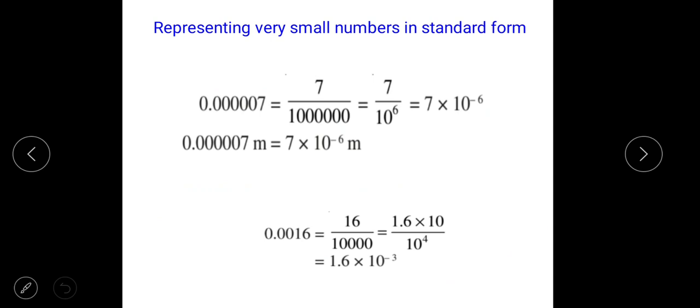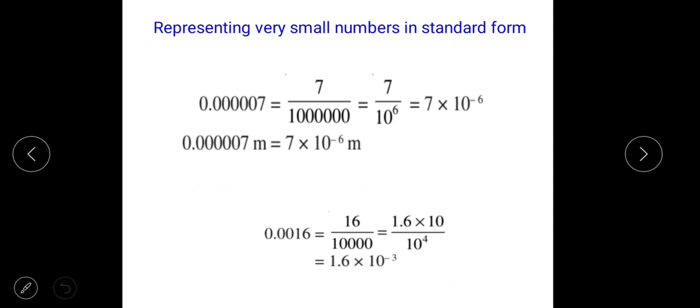Now we are going to discuss how to represent very small numbers in standard form. Here a number is given, 0.000007. This is a very small number, we know. How do we change this into standard form? 10 lakh, right?